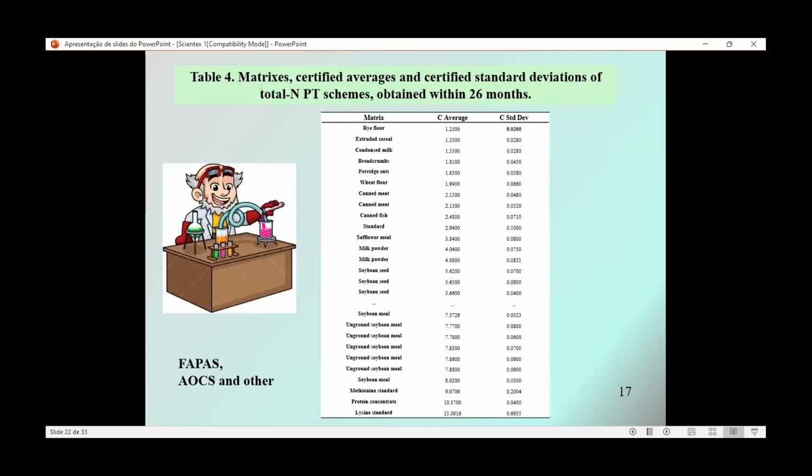Well, now we have studied some matrices, some proficiency schemes for total amino acids obtained within 26 months.